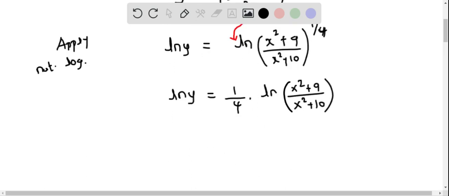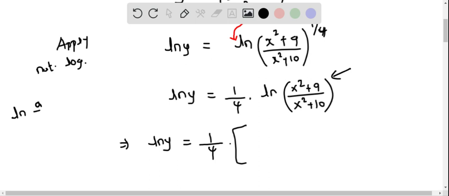Now let's simplify the right side expression. On the left side, we have natural logarithm of y, and this equals 1/4 times, I'm going to put this bracket. We can use the properties of logarithm. That is, if we have natural logarithm of a over b, this equals natural logarithm of a minus natural logarithm of b.